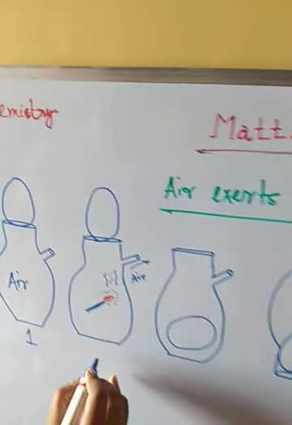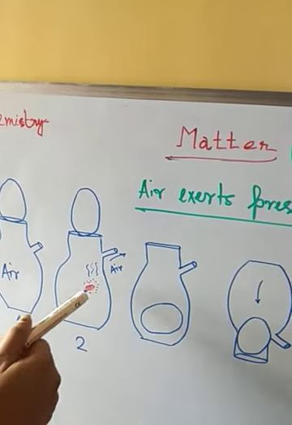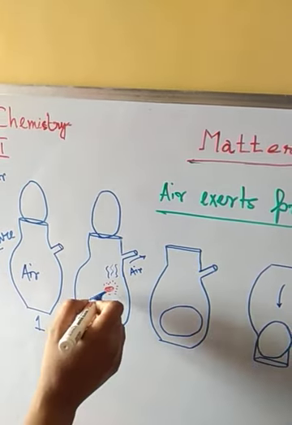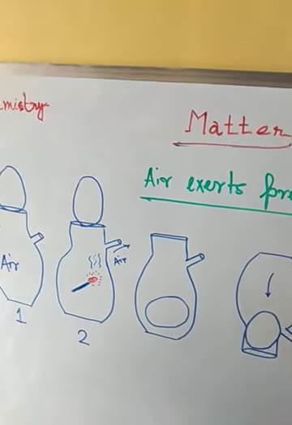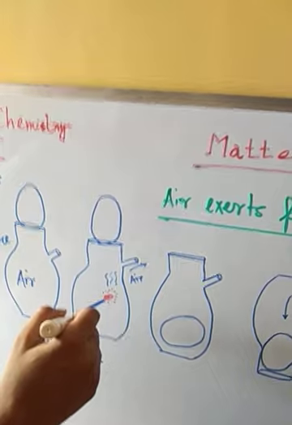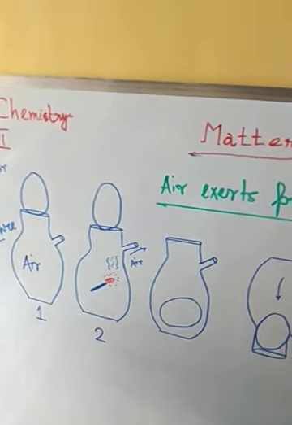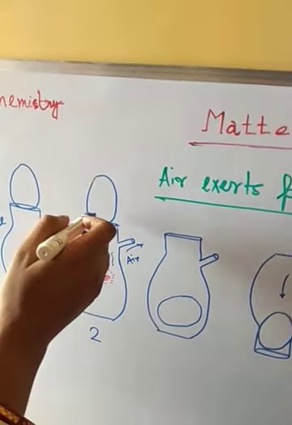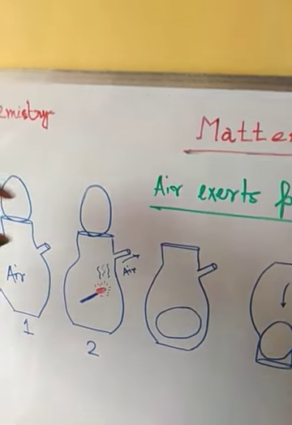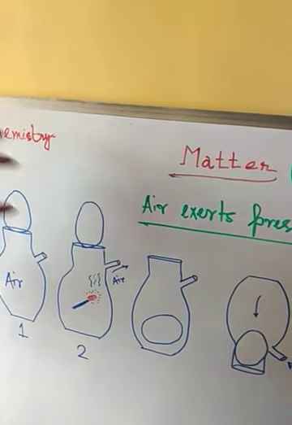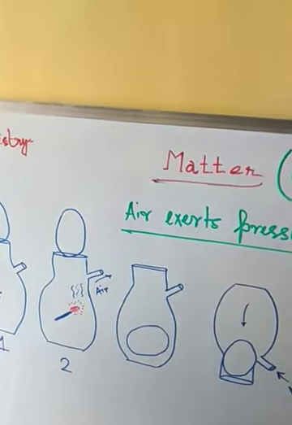Now come to the second figure. Here we have lighted a matchstick, and quickly we will put the burning matchstick into the bottle, and quickly we will place the egg again as it was before on the mouth of the bottle.